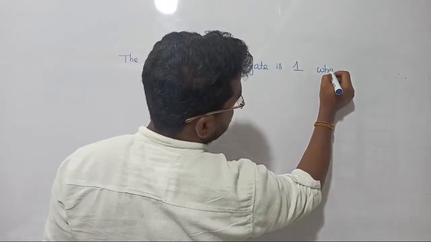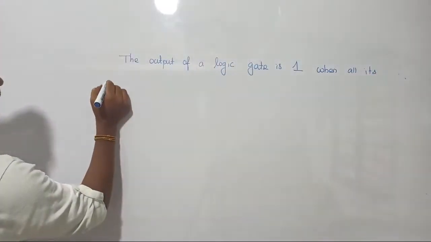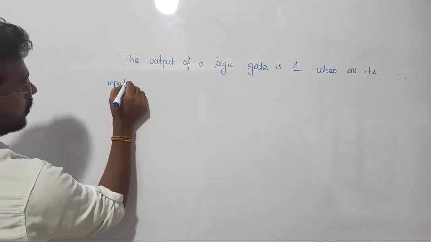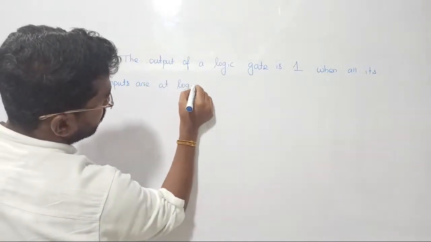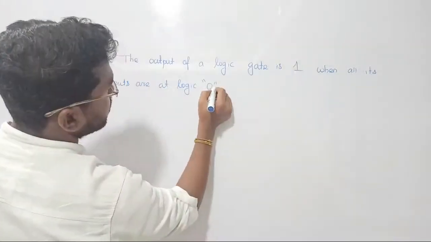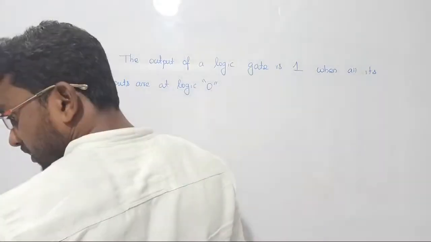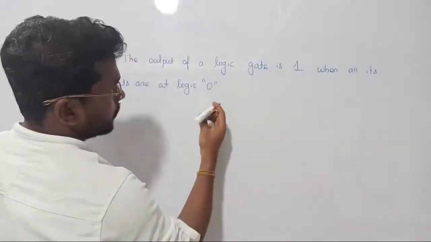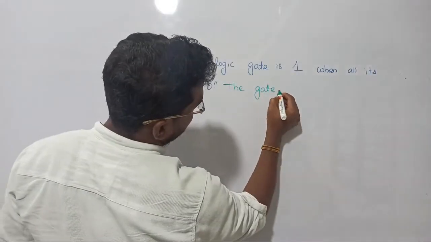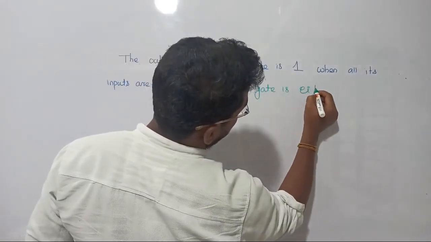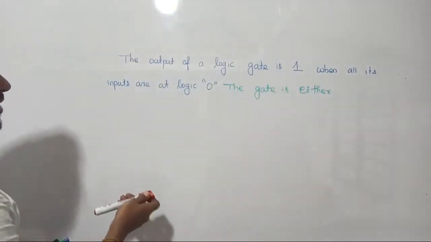When all its inputs are at logic 0, then the gate is either, let us write the answers.